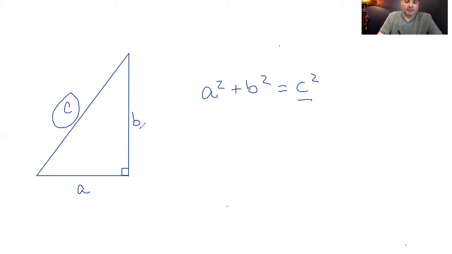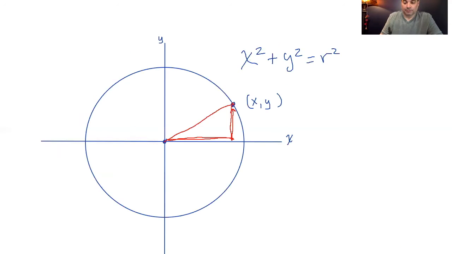If I have a and b, I can plug those into that equation and get c. If I have c, I can plug it in and get the other. Whatever you're missing, you can plug in the two that you know and get the other one. So same idea goes back to this. That's how this formula works.